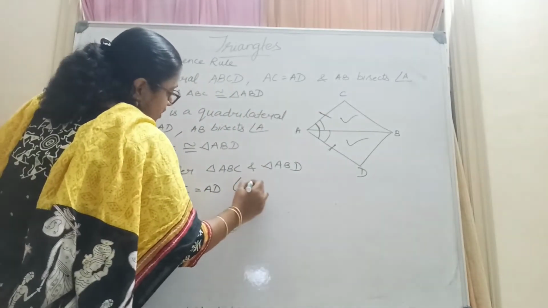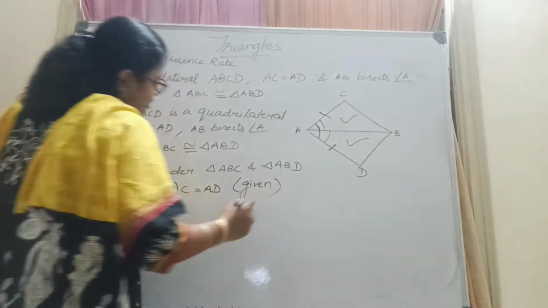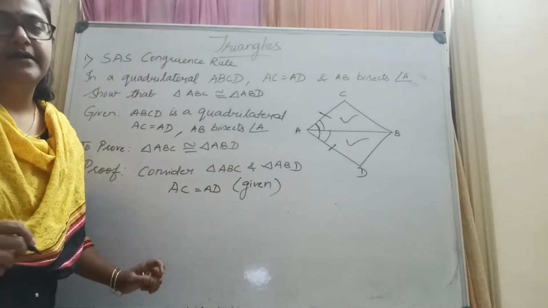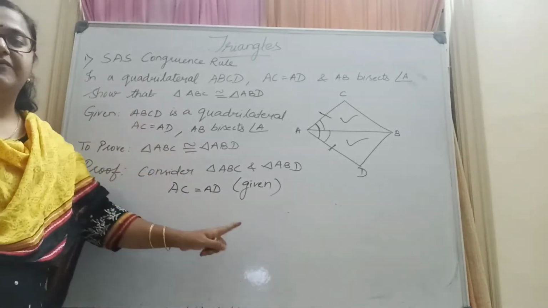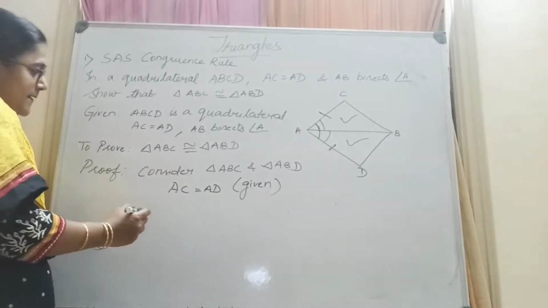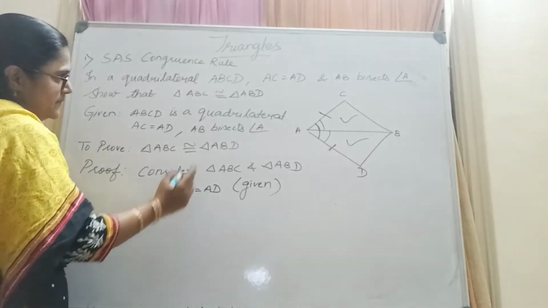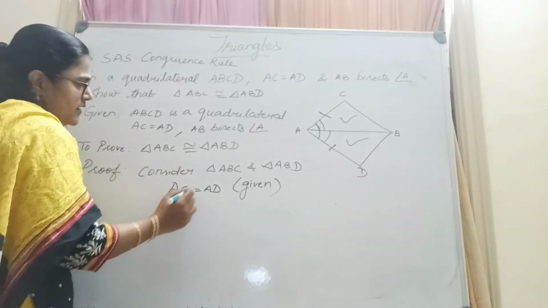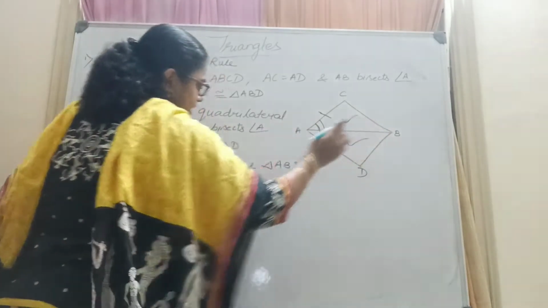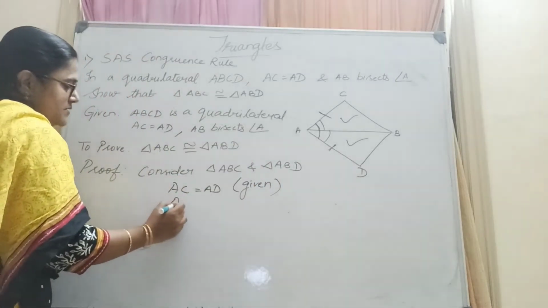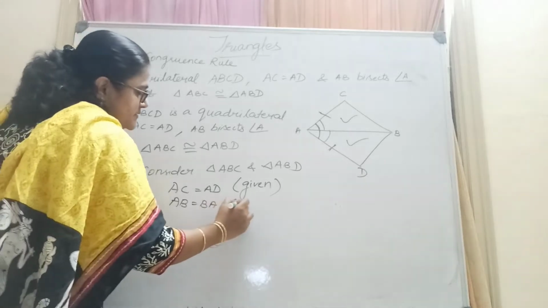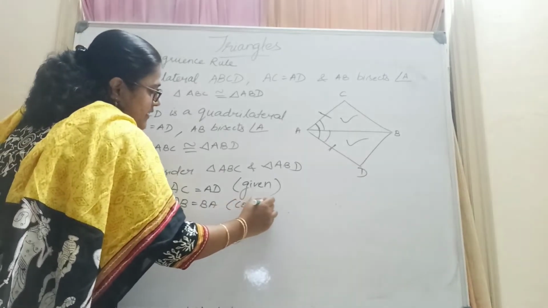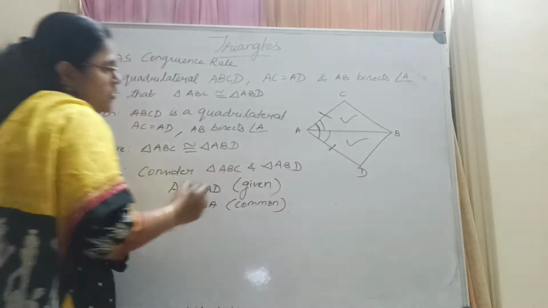Reason is very important in geometry. Why are you writing that AC is equal to AD? If it is given, write it is given. Or if there is any other reason, you have to write the reason always. Then, if you can see, side AB is common for both the triangles. They are common, so I write the reason as common.